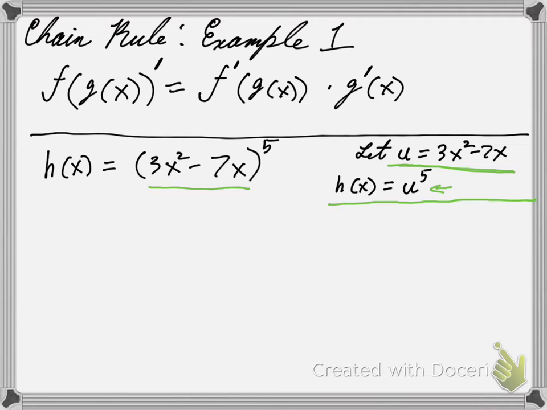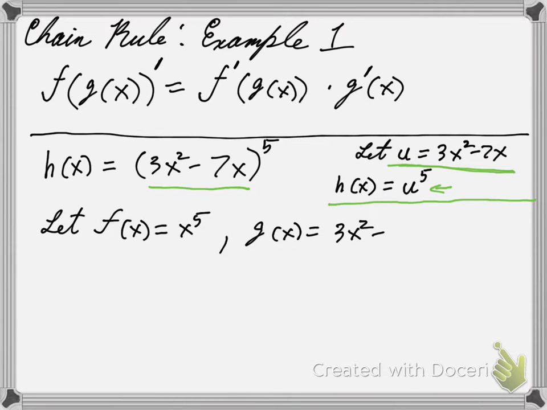If you want to double check yourself, it's quite simple. Write out: let f of x equal x to the 5th and g of x equal 3x squared minus 7x. Then calculate f composed g of x.